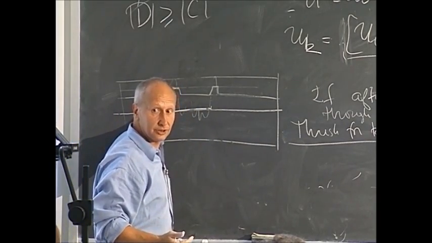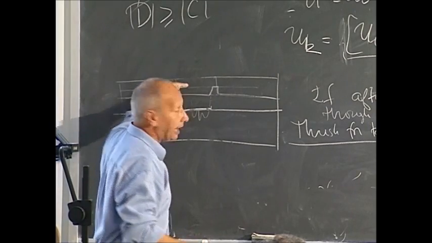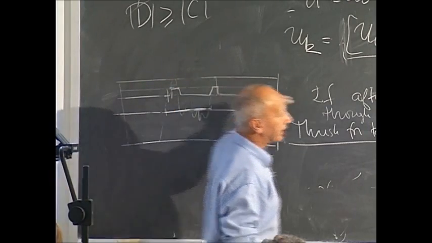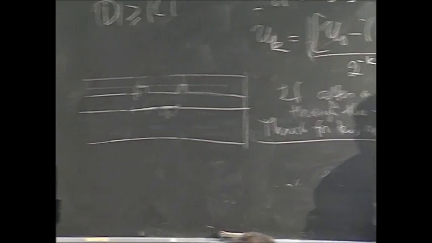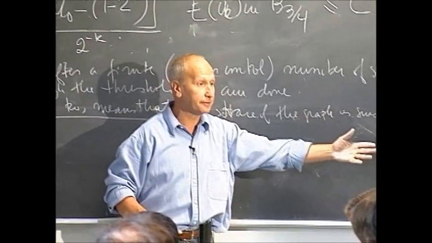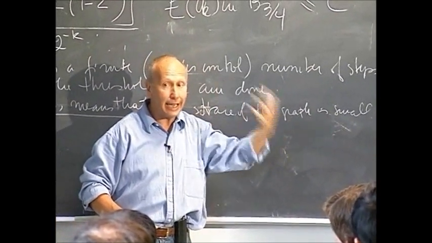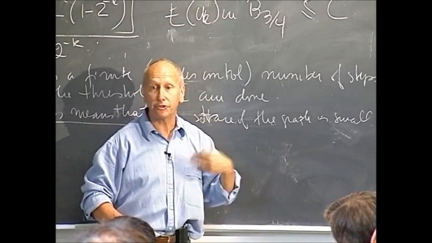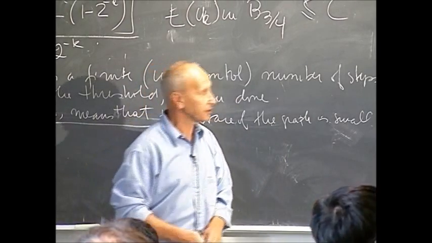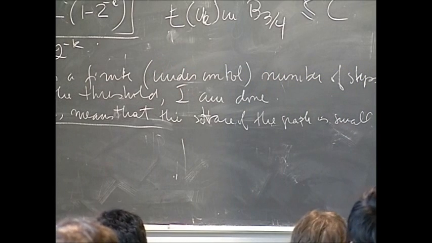So if the trace of the graph does not go through the threshold, then at each step the D is non-trivial, which means that I gain in each step a fixed amount of zero set. Let me write that.